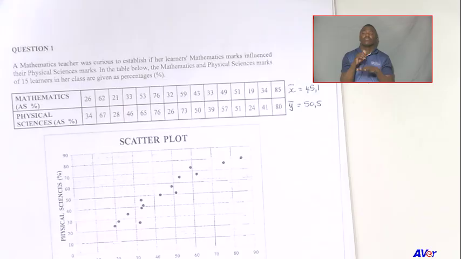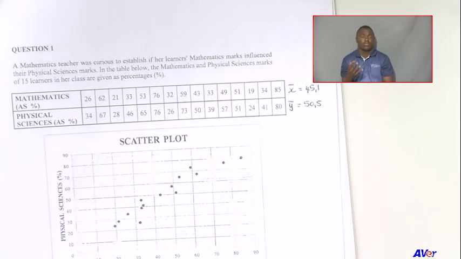They say a mathematics teacher was curious to establish if her learners' mathematics marks influenced their physical science marks. In the table below, the mathematics and physical science marks of 15 learners in a class were given as percentages. The first learner got 26% for mathematics and 34% for science.